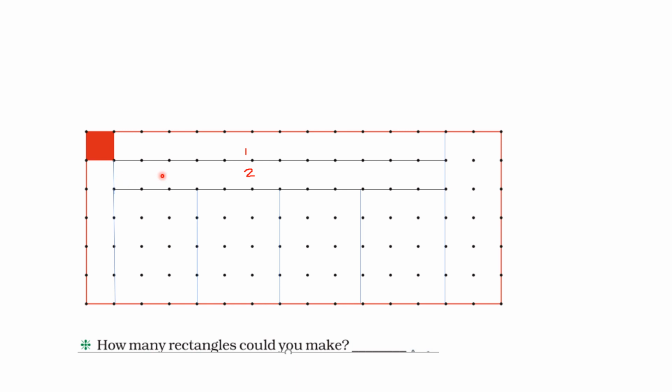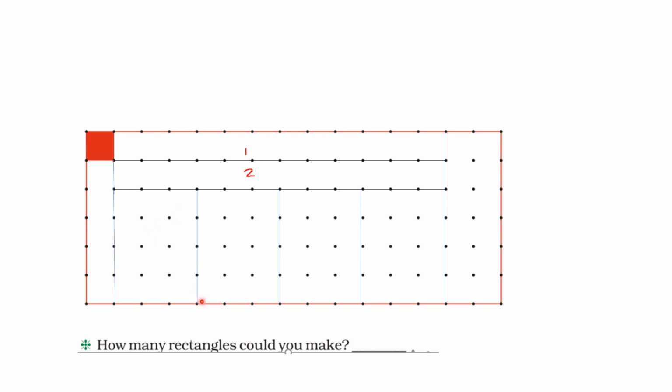Again 1 to 12. Clear? So the first and second both have the same size, that is 1 into 12. Here 1 is the breadth and 12 is the length.